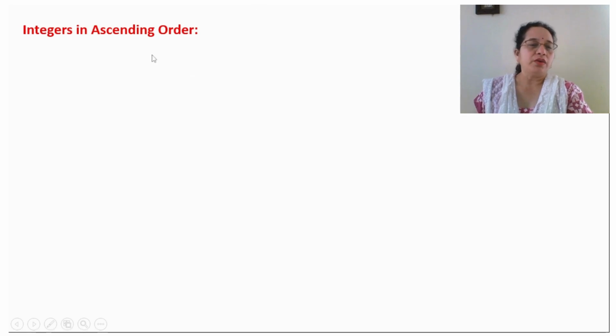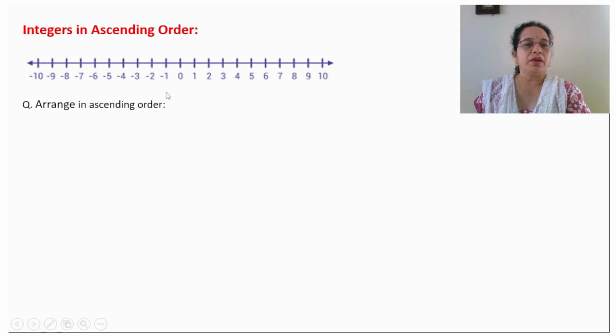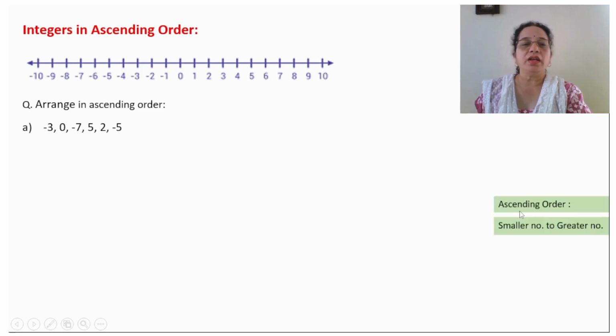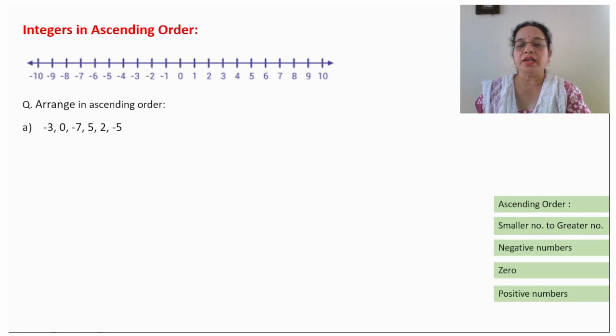So now start with the integers in ascending order. Again the number line is important. The question is arranged in ascending order. These are the integers given. We know that ascending order means smaller number to greater number, but in integers which are the smaller numbers? Negative numbers, then 0 and then positive numbers. So initially first write down all the negative numbers together, 0 and positive numbers.